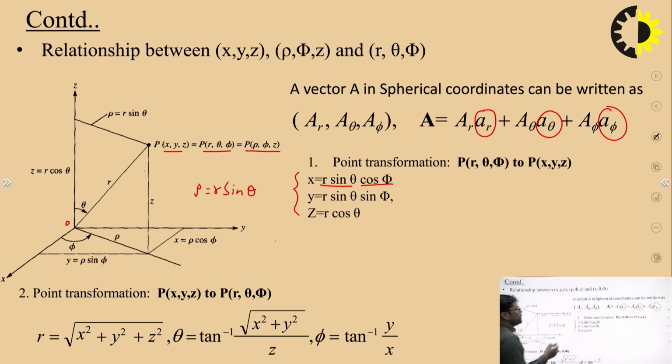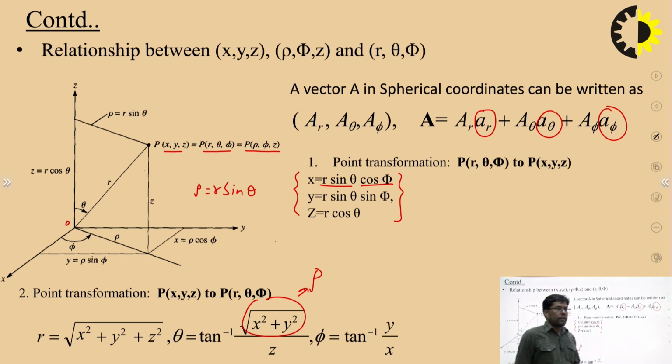By using these three variables, you will get r is equal to the square root of x square plus y square plus z square, and theta is equal to tan inverse of the square root of x square plus y square upon z, and this you can also write as rho upon z, and phi is equal to tan inverse y by x. So these are the relations between x y z, rho phi z, and r theta phi.